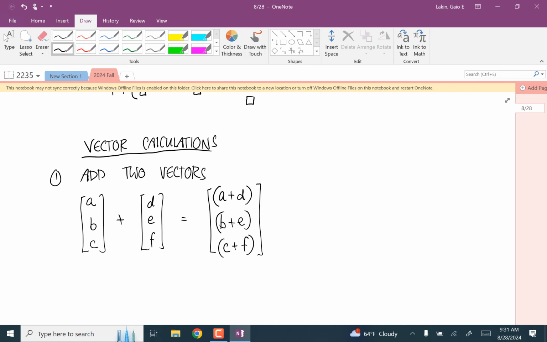If you have these two vectors defined in your calculator, you can just use the regular plus symbol in your calculator, and that's what it'll do. Okay.